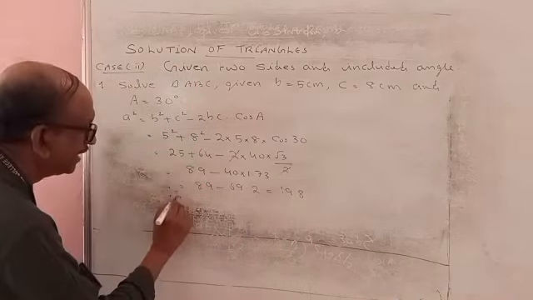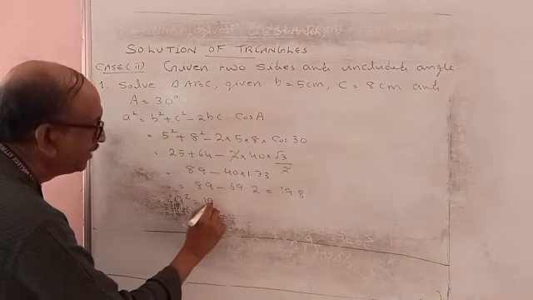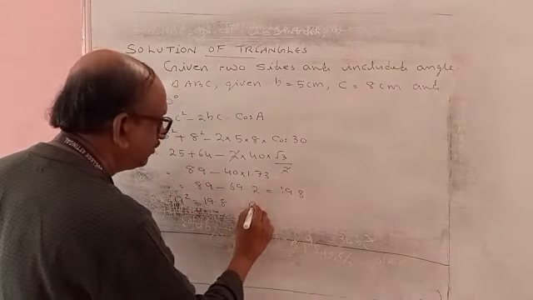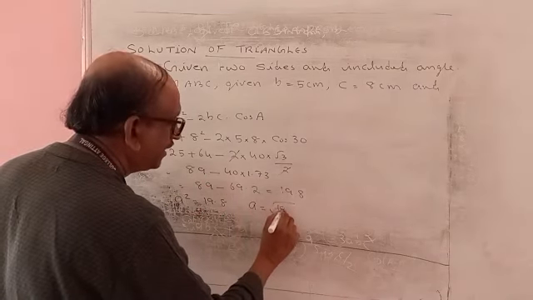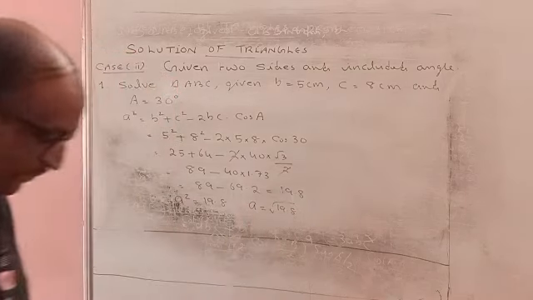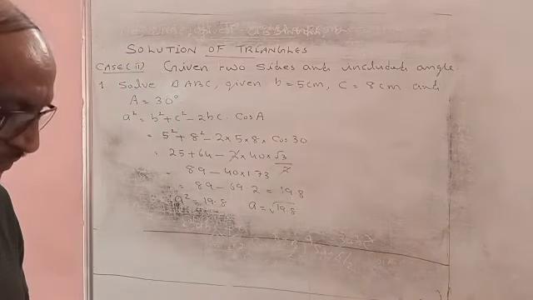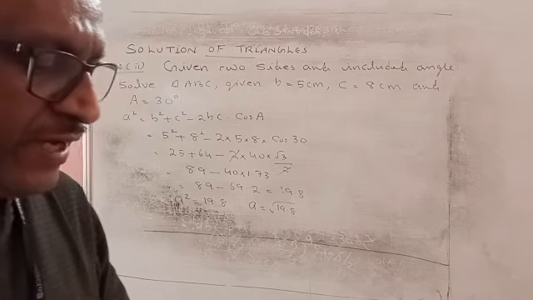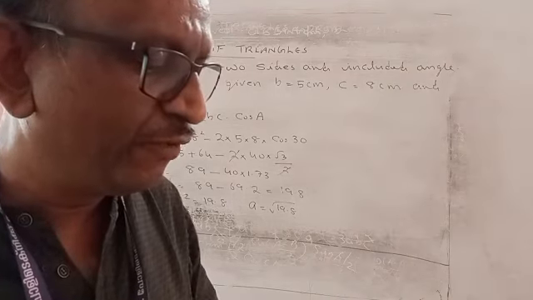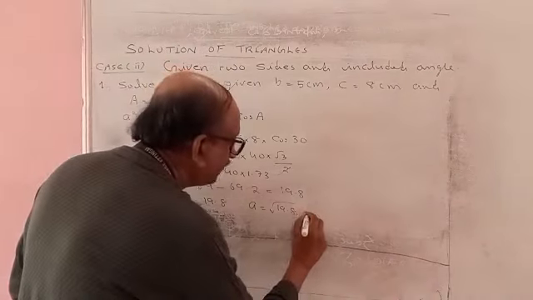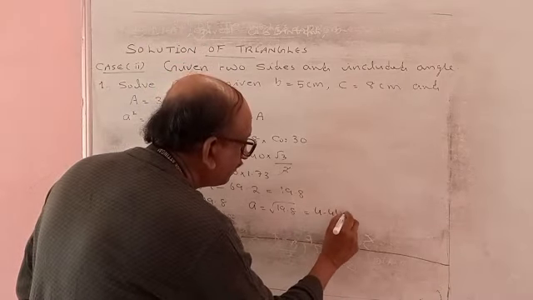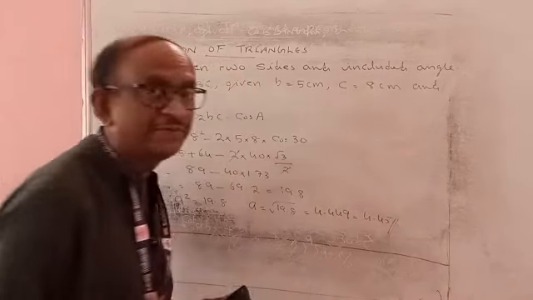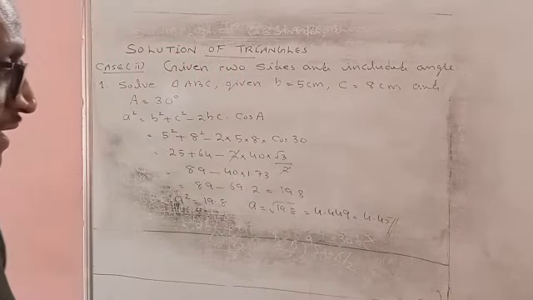Now a squared is equal to 19.8. Taking square root, a is equal to root of 19.8. Square root of 19.8 is 4.449, that is 4.45. This is the third side a.